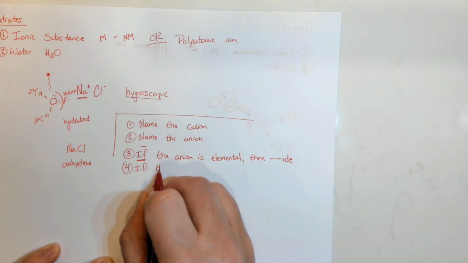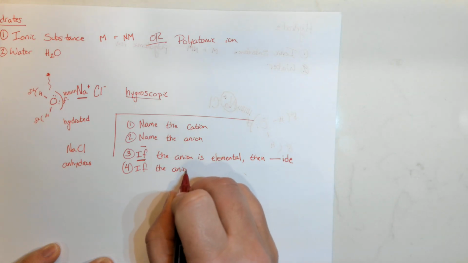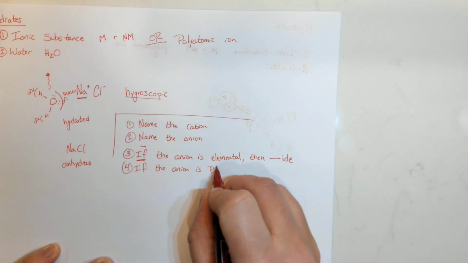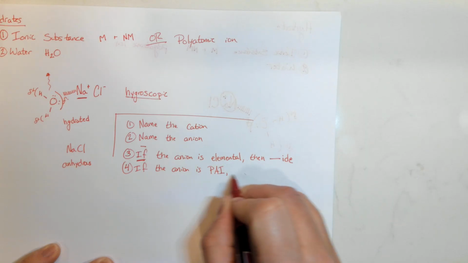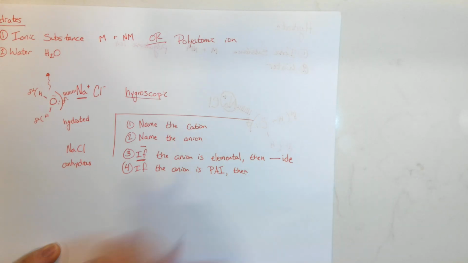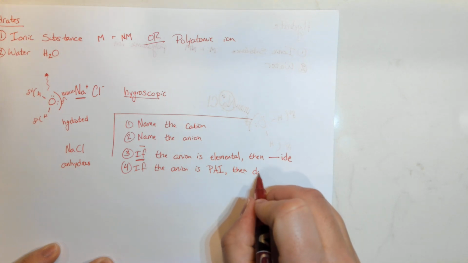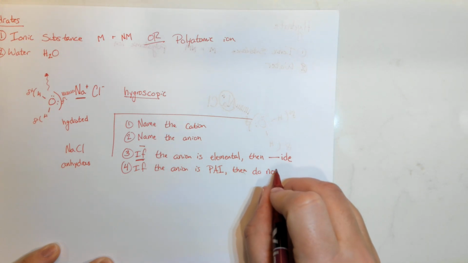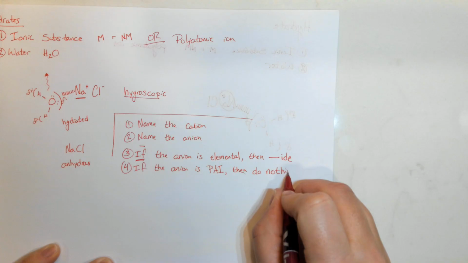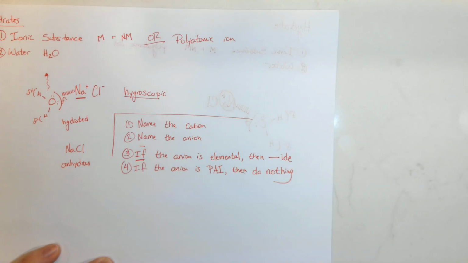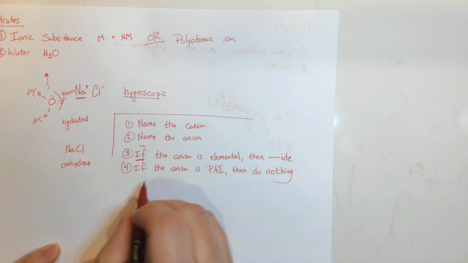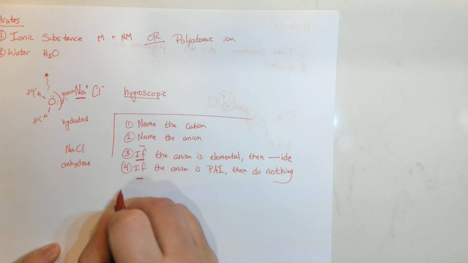Whereas if the anion is a polyatomic ion, then what do we do? We do nothing. We leave the name as it is. Do nothing.